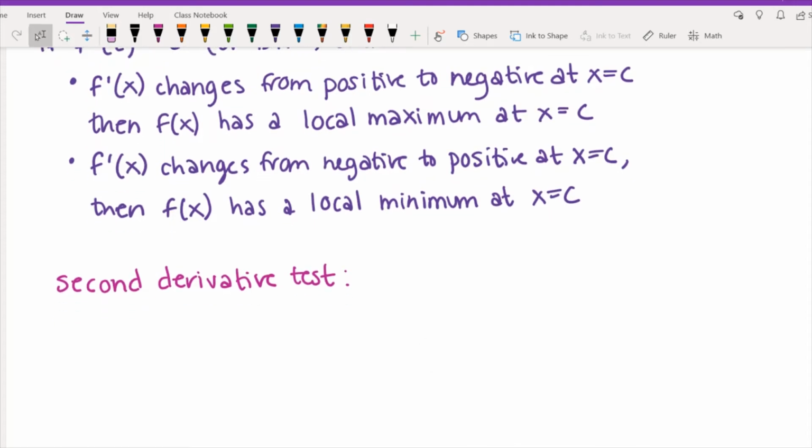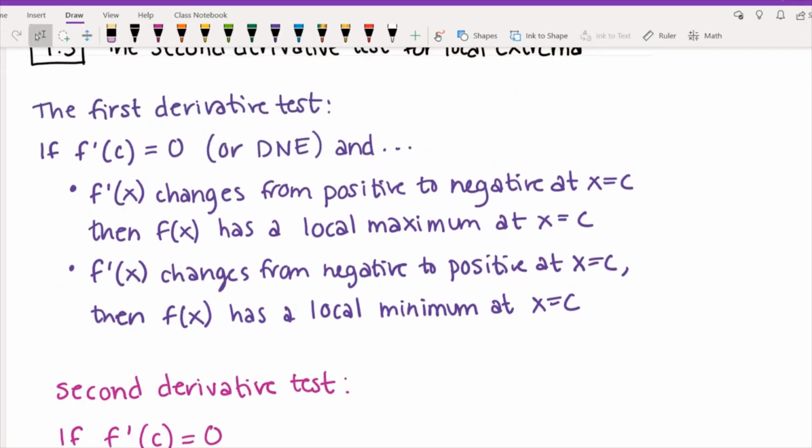So the first part of the second derivative test, just like with the previous example, it has to be true, first of all, that the first derivative is equal to 0. And with the second derivative test, it actually doesn't work if the first derivative is undefined. So with the first derivative test, if you had a graph that maybe had a shape like this, you would find that the derivative was undefined at that point, right?